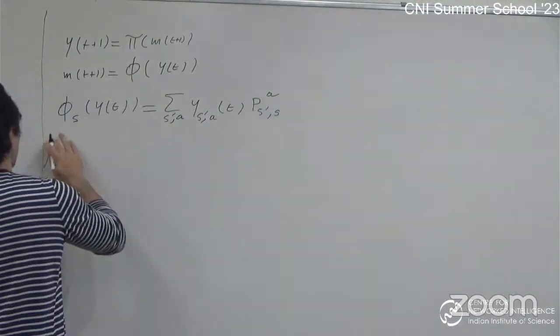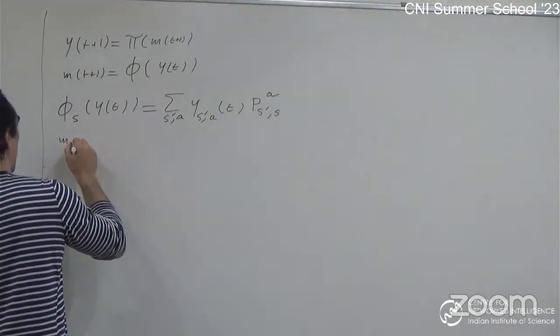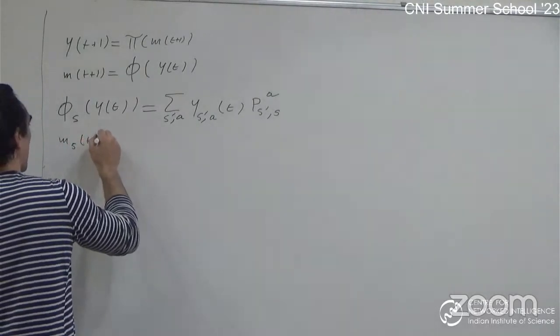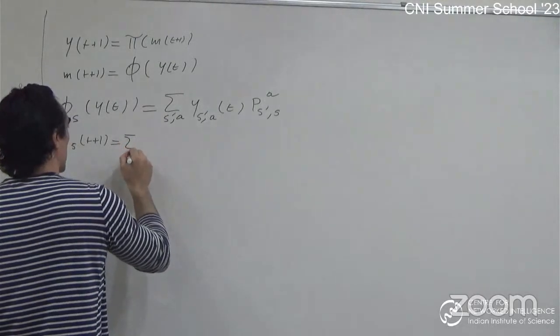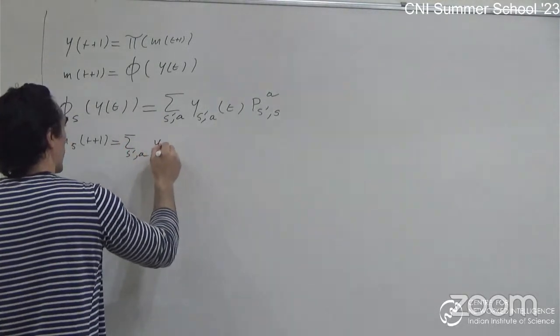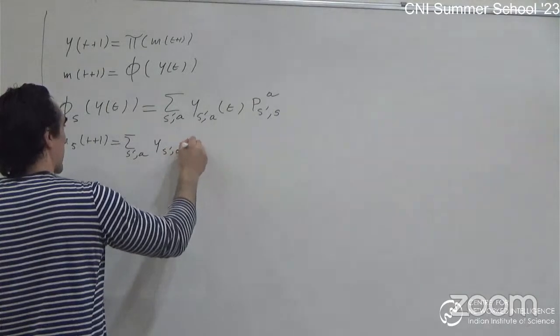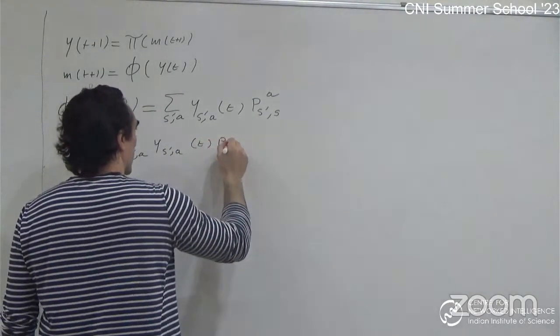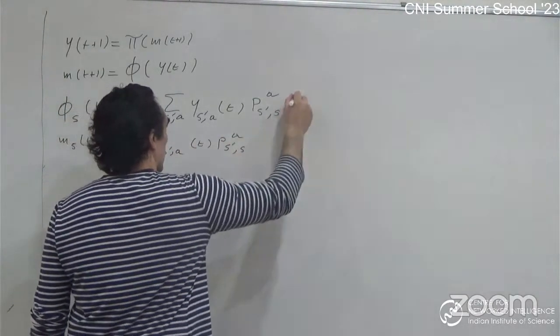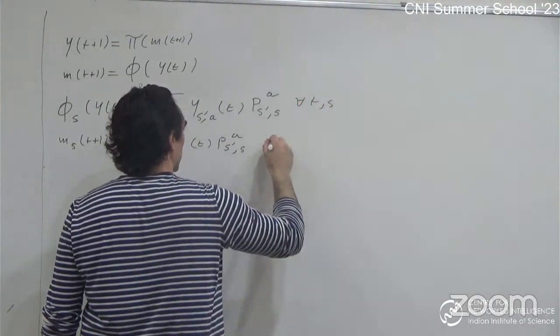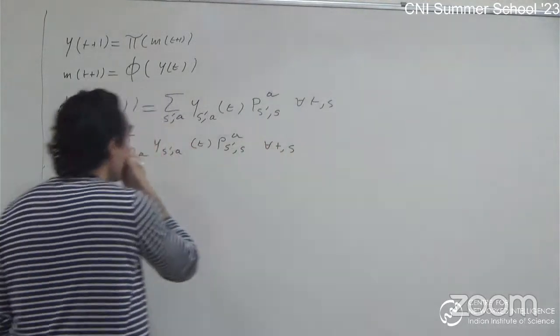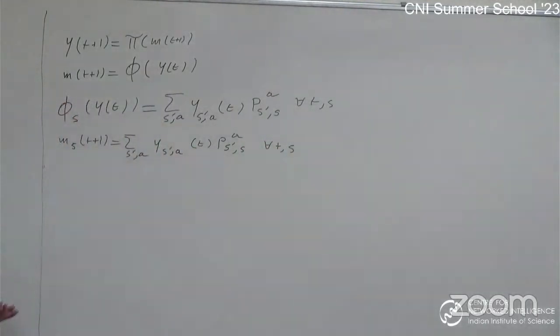So in other words, what I just wrote is that the sum over s of y of s, a of t, probability, for all t and for all t. Okay? So this is what's happening in a bridge, right? When you don't have any randomness, this is what's happening inside the LP.